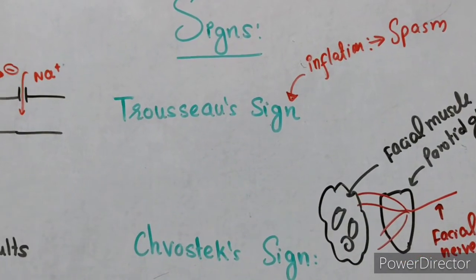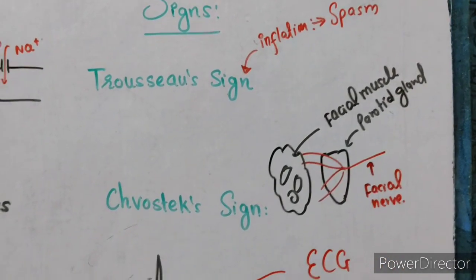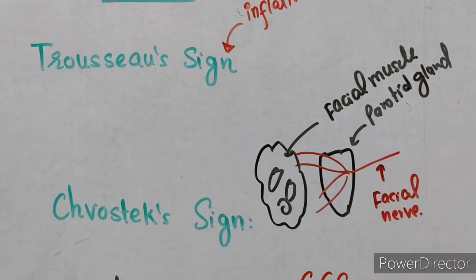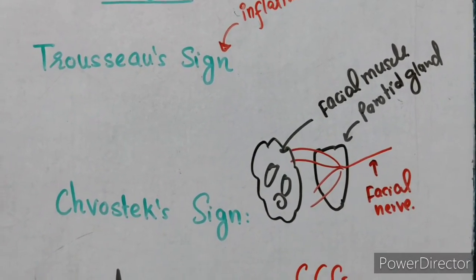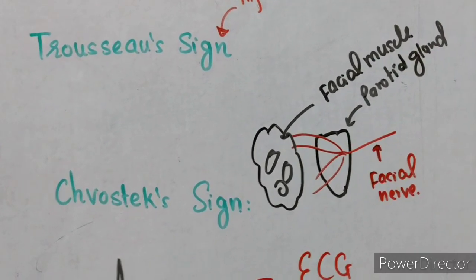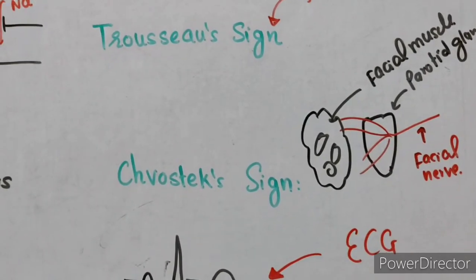This is called Trousseau sign. In Chvostek sign, the facial nerve branches emerge from the parotid gland. When these branches of the facial nerve are tapped, there will be twitching of facial muscles, especially around the mouth regions. This is called Chvostek sign.